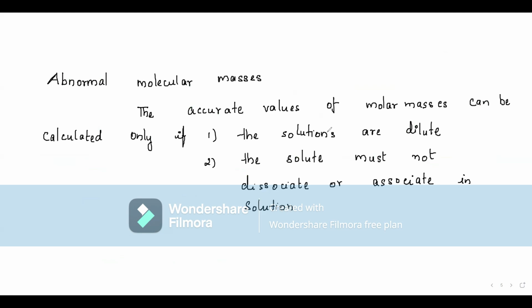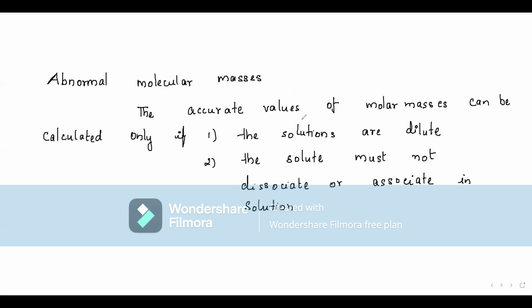The last part in the solutions lesson is abnormal molecular masses. You would have noticed that the formula for any of the colligative properties, be it relative lowering of vapour pressure, elevation in boiling point, or depression in freezing point, can be used to find out the molecular mass of the solute.